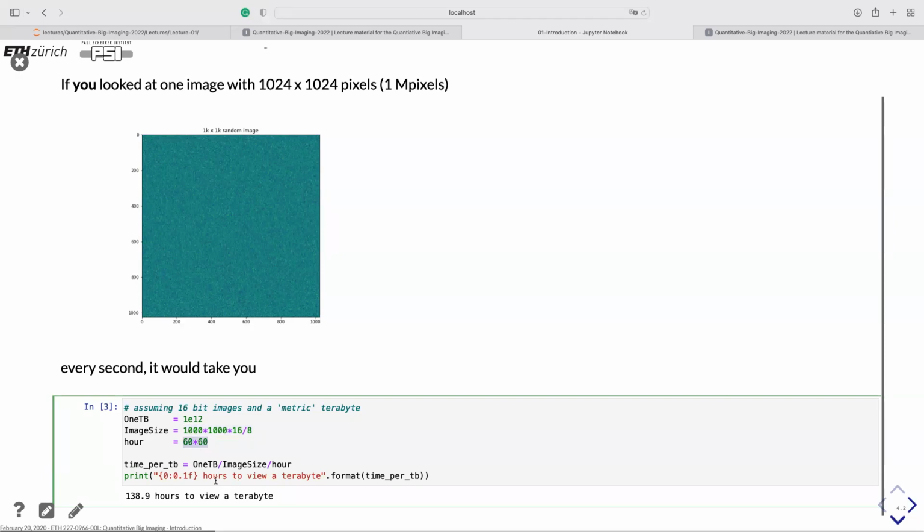Then we do the calculations, and you can see down here that it takes about 140 hours to view a 1K image per second for 1 terabyte. So you can't do it. It's impossible. So you have to let the computer do it. The computer can do it a lot quicker, even though it also will take its time.